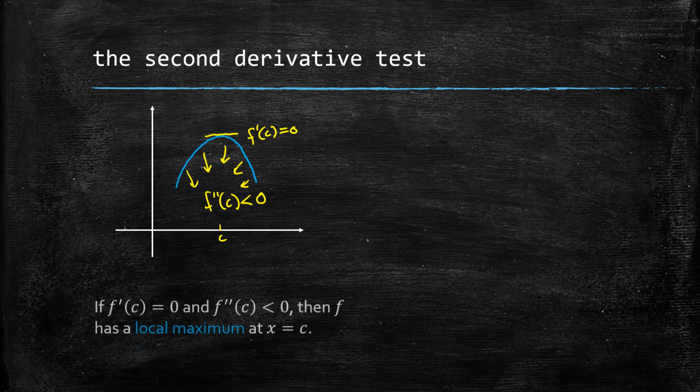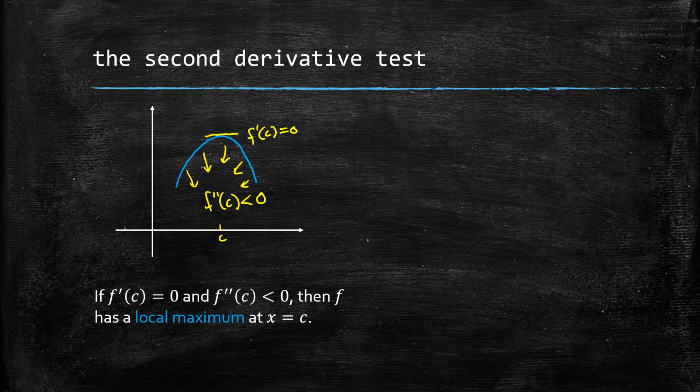So here's a neat little result. If f prime of c equals 0, and f double prime of c is less than 0, then f has a local maximum at x equals c. So you don't even have to do a number line analysis with the first derivative. You can just bypass that and move to the second derivative.